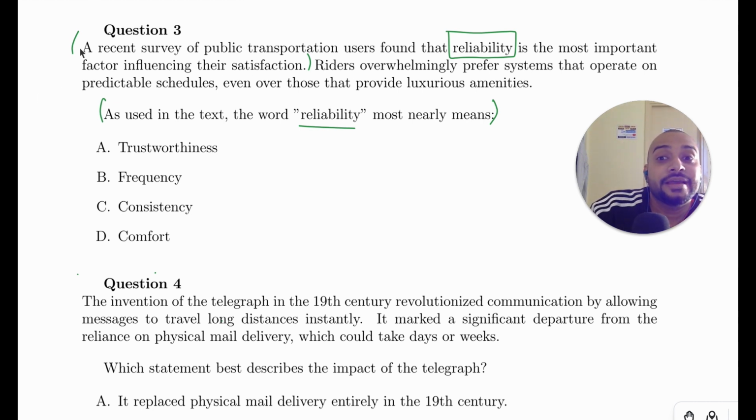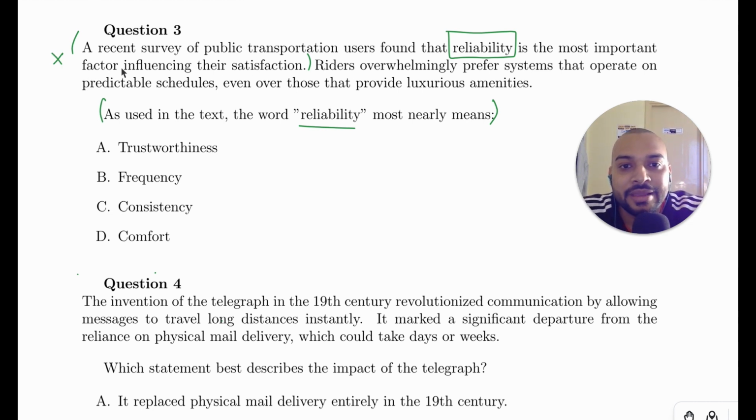So you see, in this specific type of question, there is no context provided in the first line. That's how they play us. Okay. So in the first line, a recent survey of public transportation users, they found that reliability is the most important factor. They're not telling about what is reliability or what's the context of it. So no information in the first line. We go to our second line of defense.